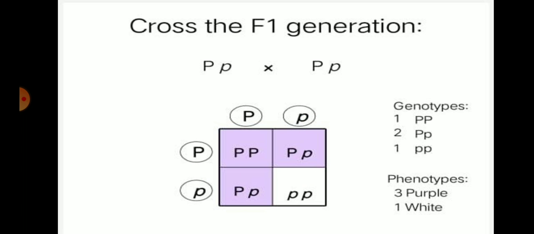The genotype we get in the F2 generation is one homozygous dominant for the purple color, two heterozygous for the purple color, and one with the recessive alleles for the white color. So the phenotype of the F2 generation is 3 purple and 1 white.